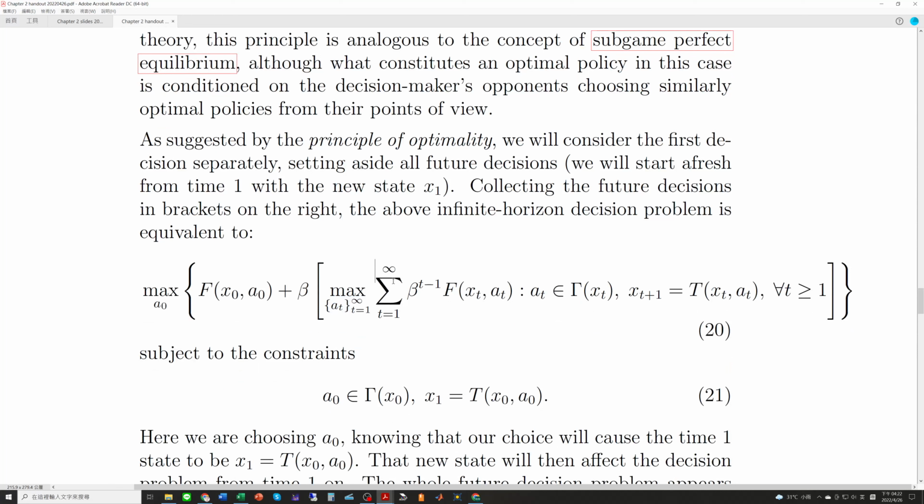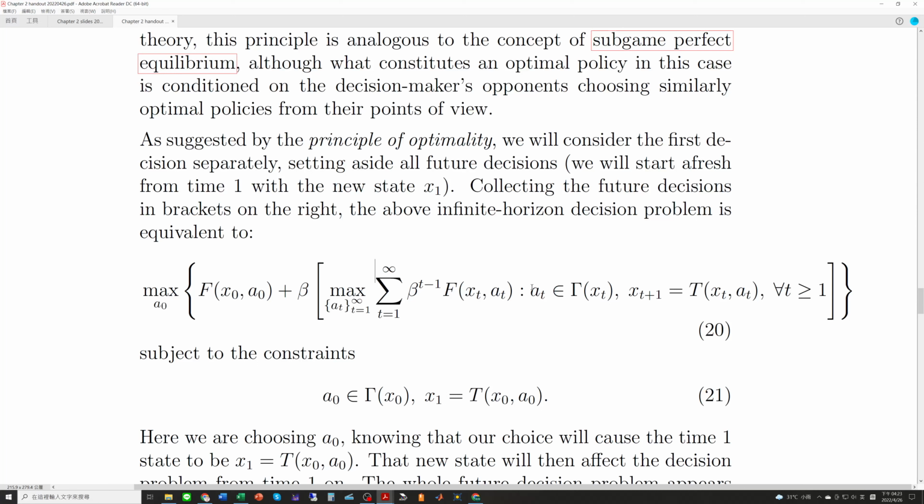Okay, summation t is equal to 1 to infinity, beta to the power of t minus 1 times f of xt, at. Okay, where f is the payoff function, current payoff function of state xt, and xt is the state at time t, and undertaken the action at.